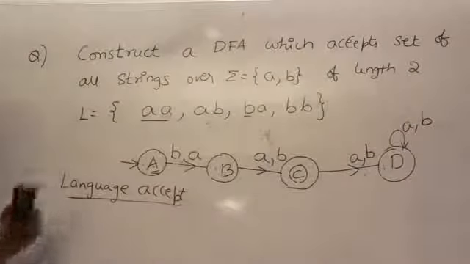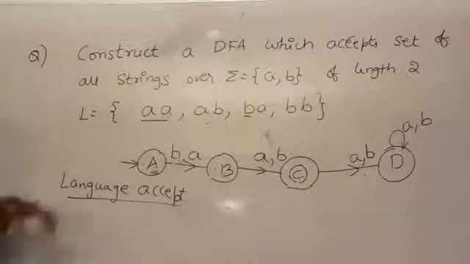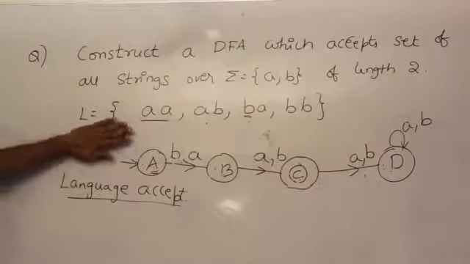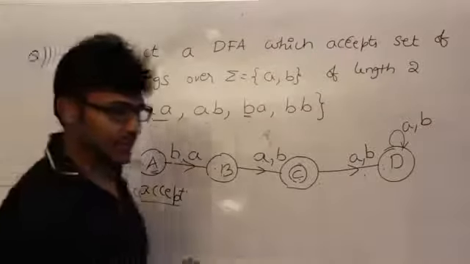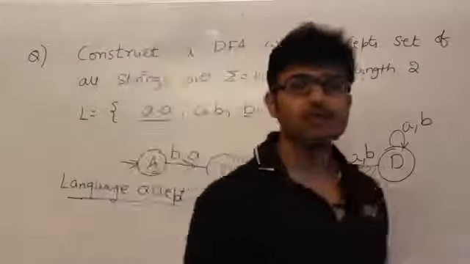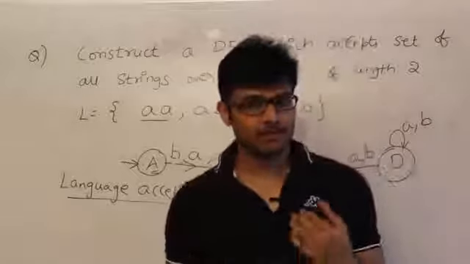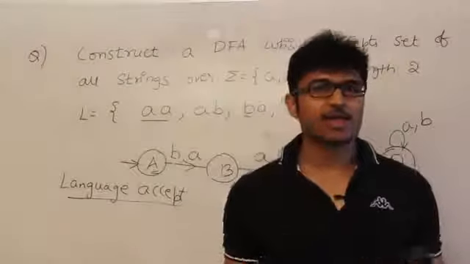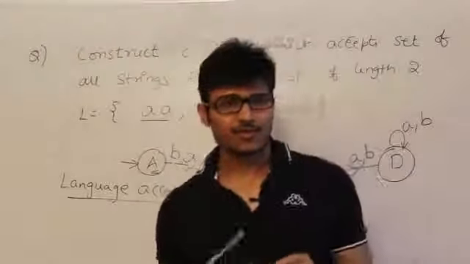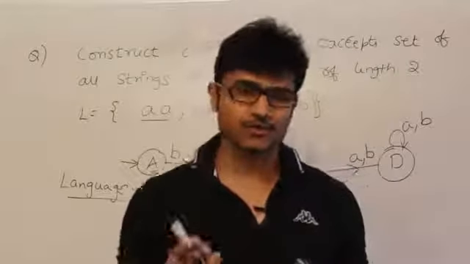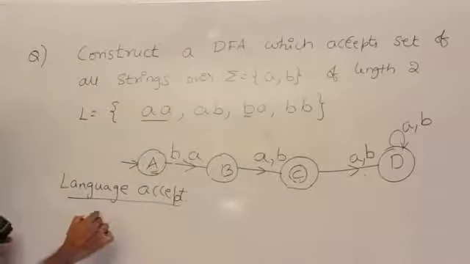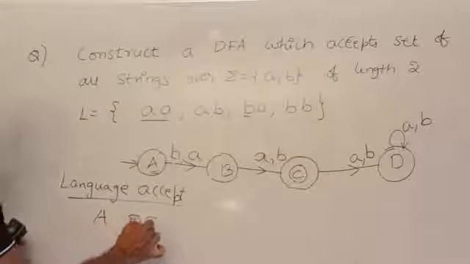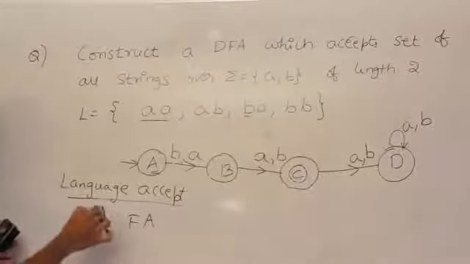A finite automata is said to accept a language if all the strings in the language are accepted by the finite automata, as well as the strings which are not in the language should be rejected by the finite automata. Okay, so a finite automata can be NFA, DFA or epsilon NFA, anything.